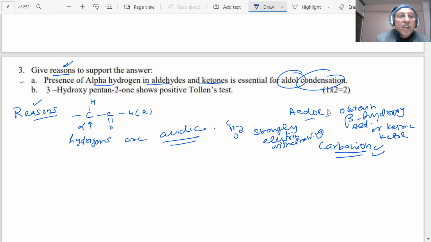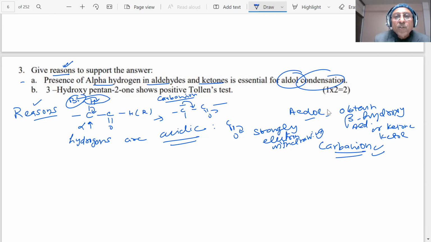What will happen? If a base is there, students, this is my base. It will pull this proton. And then what will happen? It will form a carbanion. This carbanion has a negative charge.